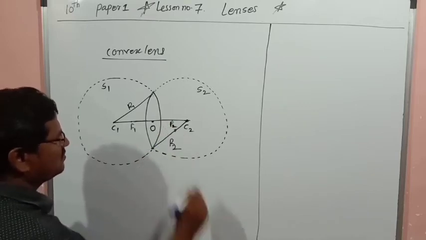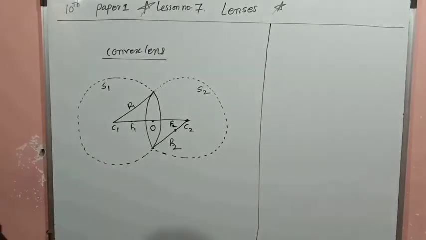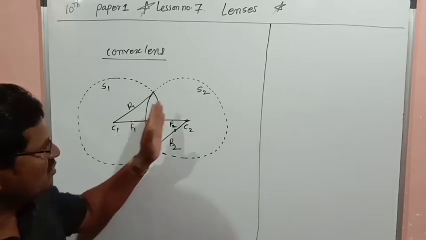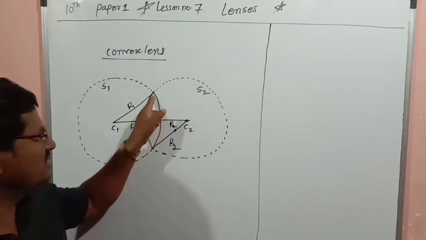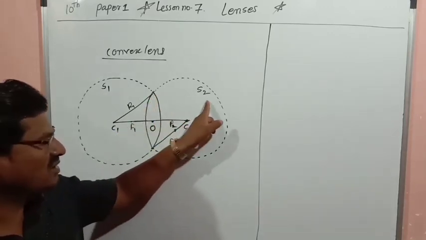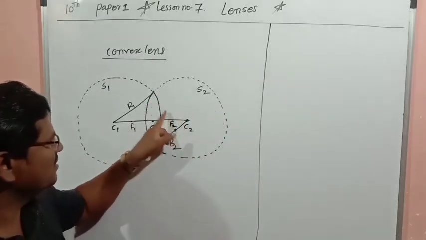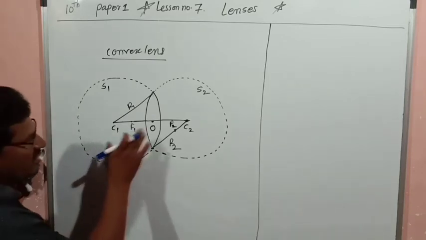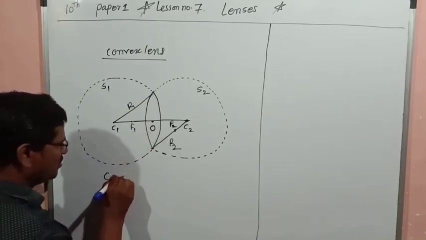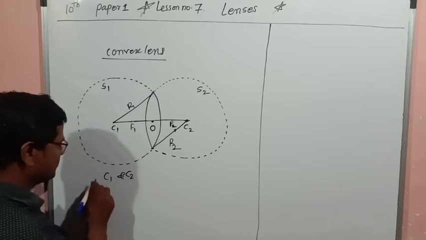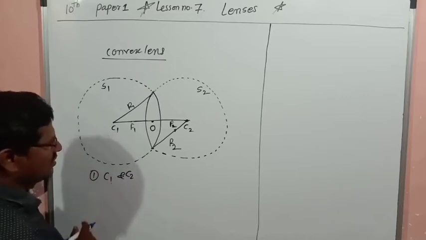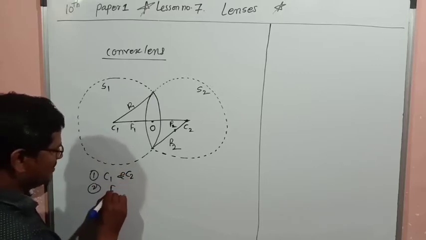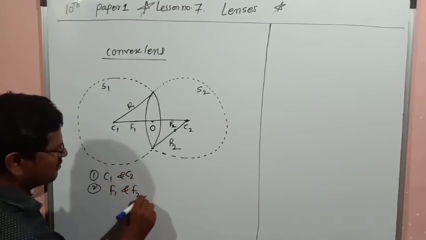So two spheres are forming one convex lens. It is made up from two spheres, and this surface is part of the S2 sphere, and this surface is part of the S1 sphere. Like this way, each lens has two centers of curvature, C1 and C2. Each lens has two focus, F1 and F2.